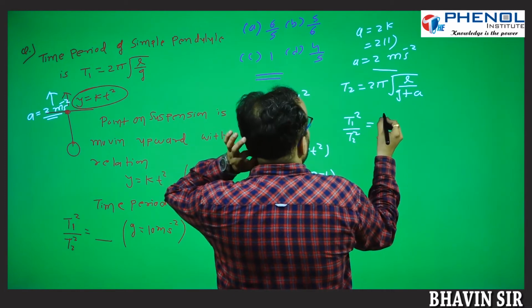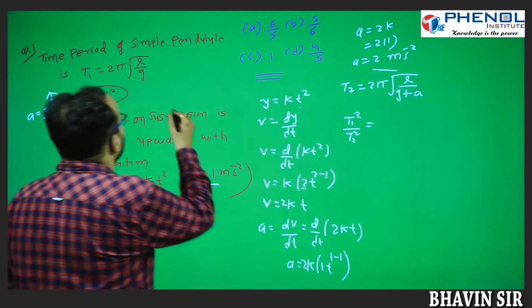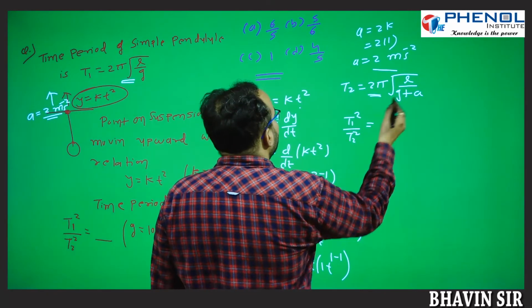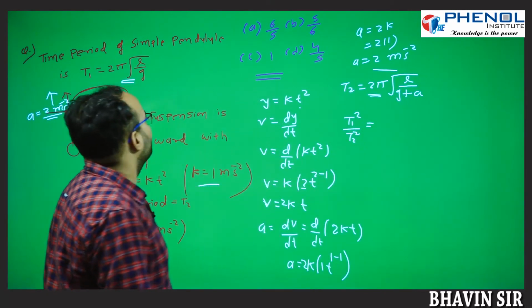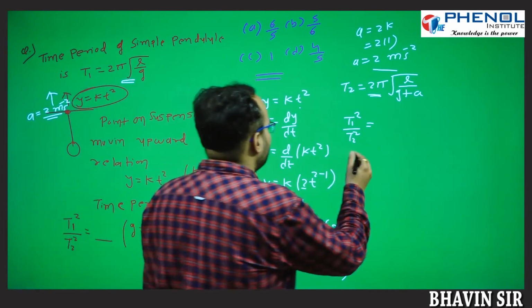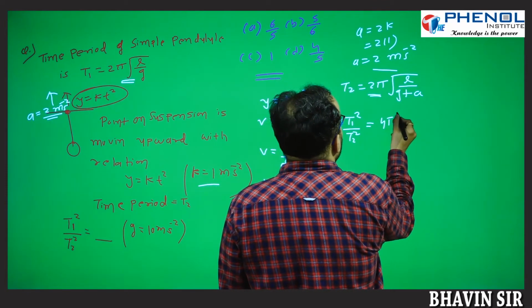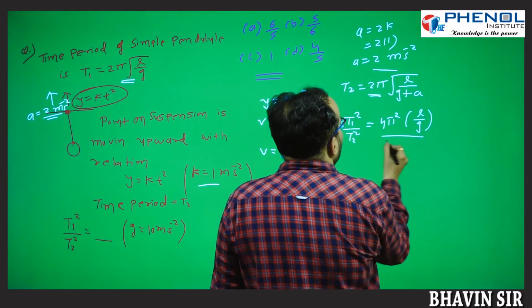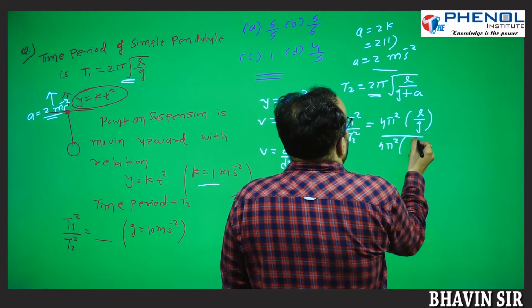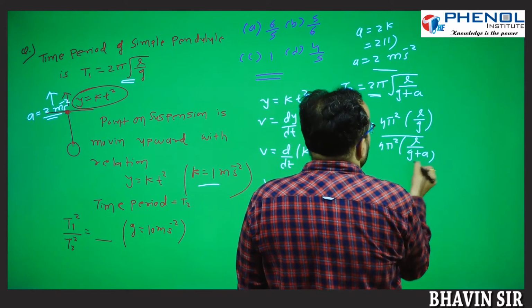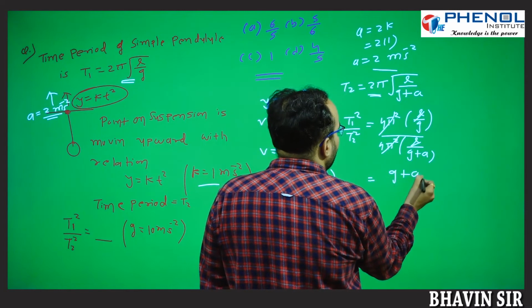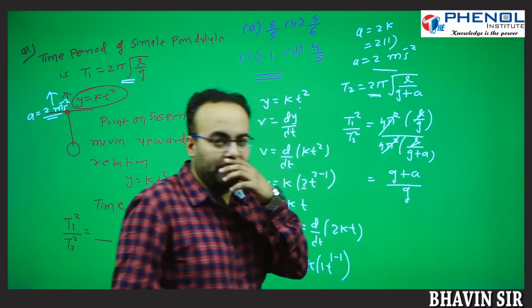See students, when we take the ratio, then 2 pi cancels, length also cancels. So first, chalo, write all the terms. 4 pi square L by g. Here, 4 pi square cancels, length cancels, so g plus a upon g.